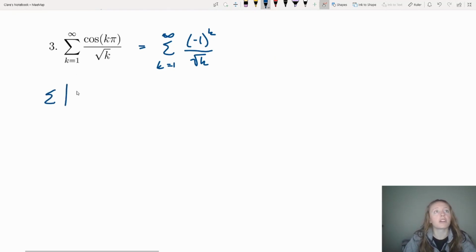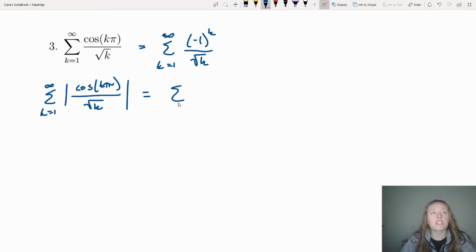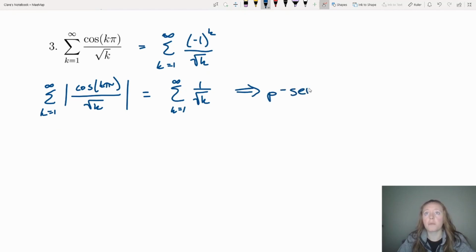Now, let's just take the absolute value of this series. So the absolute value of cosine of k pi is always going to be 1. So the absolute value of this series, starting at an index of 1, going to infinity, is going to be 1 over the square root of k, which itself is a p-series. And we know that the p-series has a value of 1/2 because this is k to the 1/2.